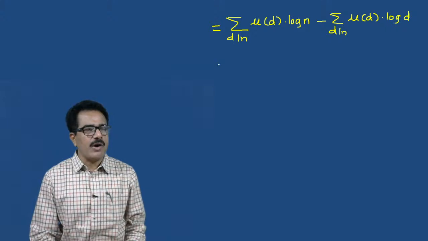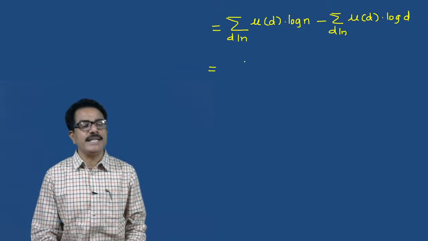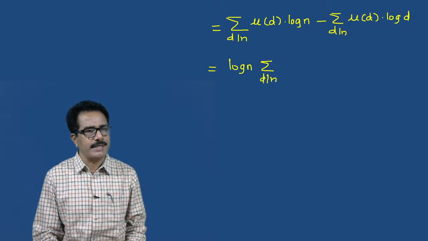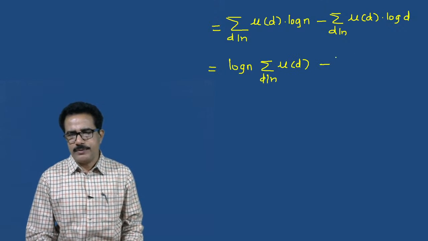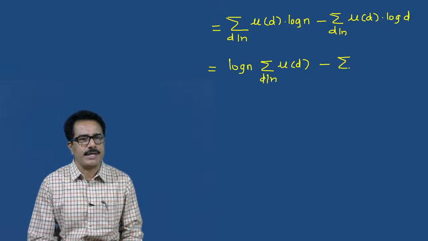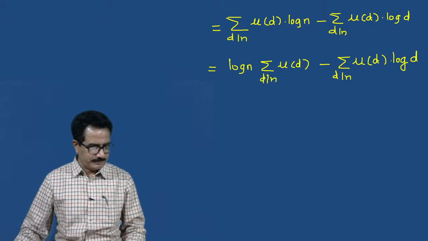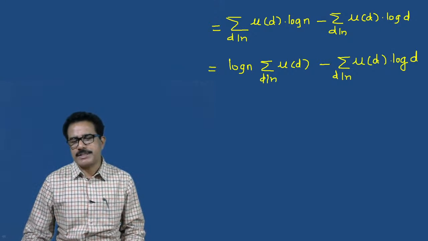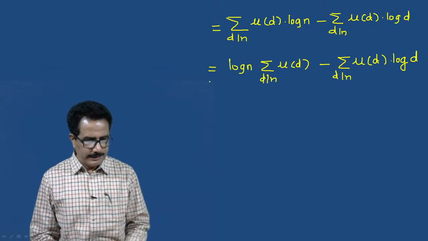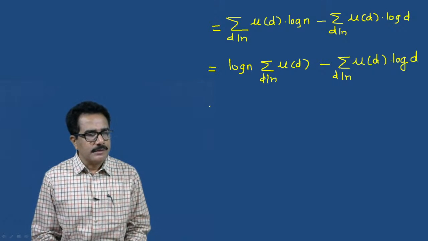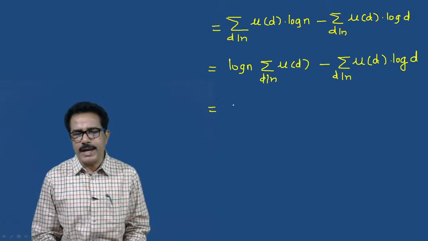But we know that this log n is constant under d dividing n, so we can write log n times summation over d dividing n mu of d, minus summation d dividing n mu of d log of d. That is equal to log of n.